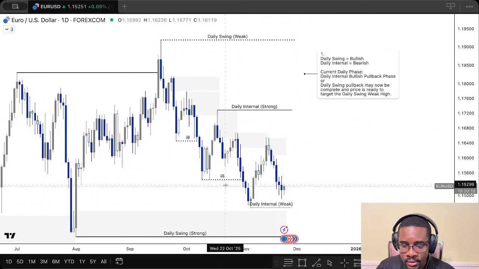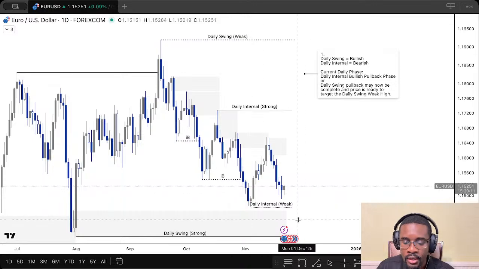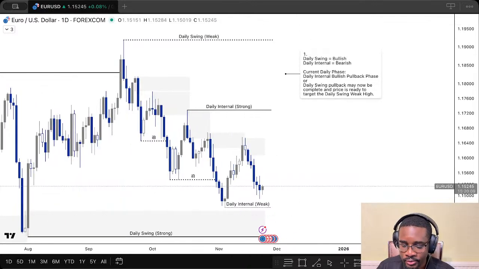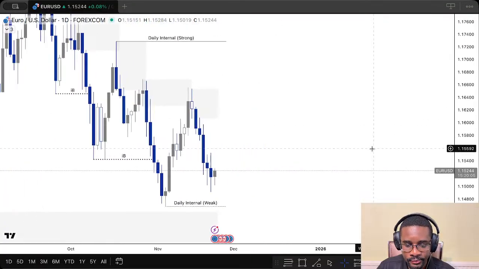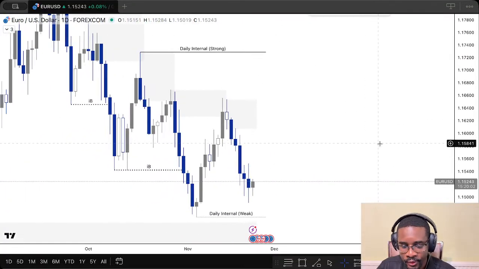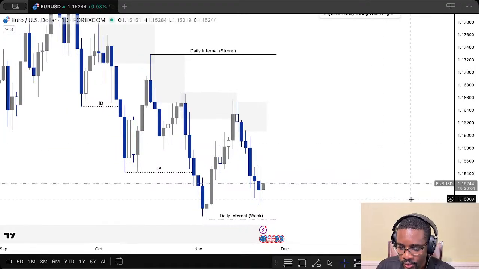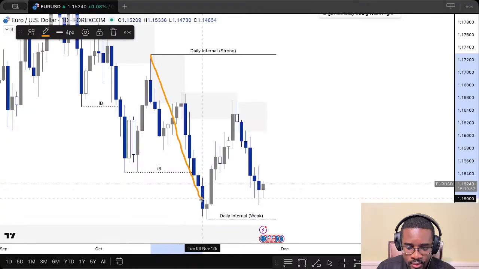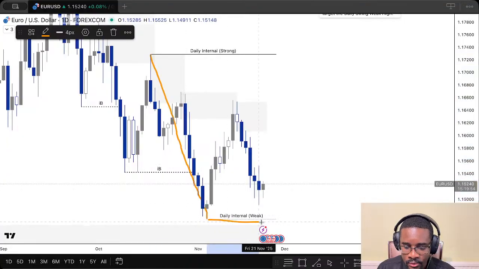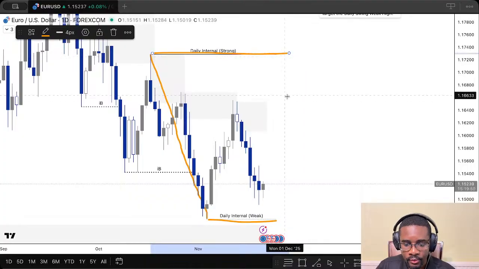Within this internal bearish leg, we can break it into a sub internal leg as well. I'm not trying to confuse, but this is the internal leg that we have, and everything we're concerned with is what is happening within this leg.